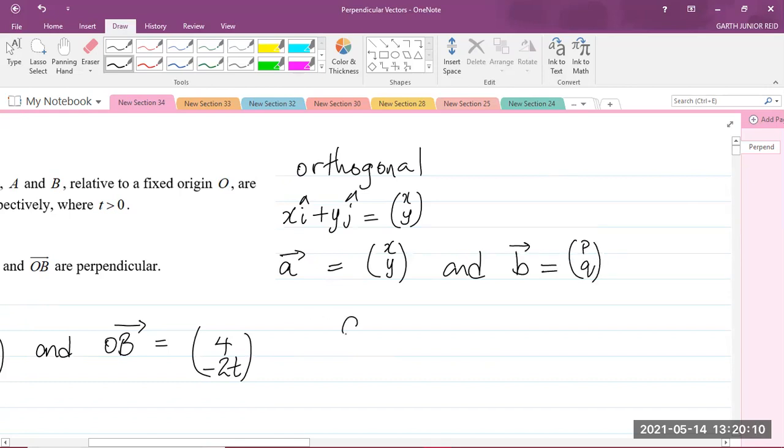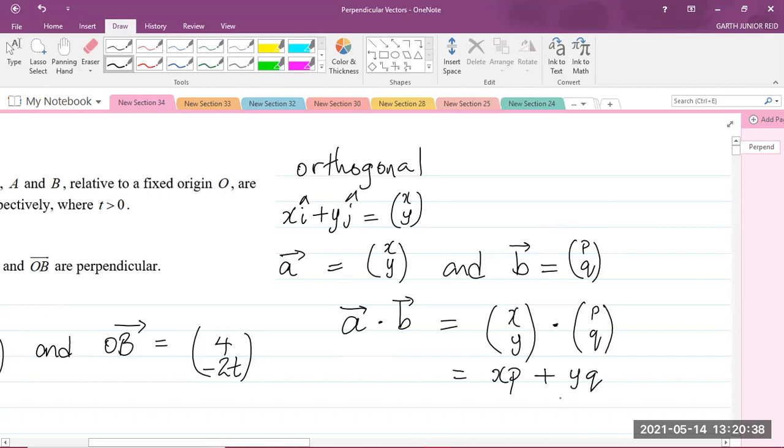Then the dot product of A and B is (x, y) dot (p, q). What we do here is just multiply the corresponding components and add them. So we multiply the x by the p plus the y by the q. That is the dot product.